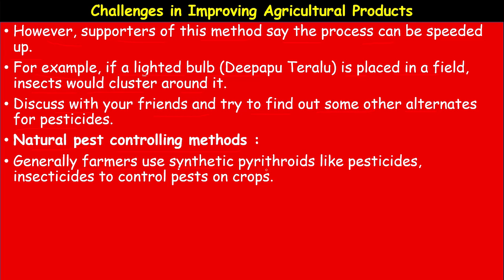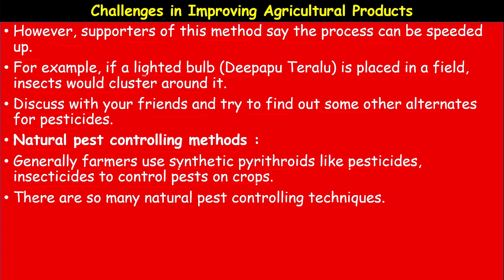Generally, farmers use synthetic pyrethroids like pesticides and insecticides to control the pests on crops. There are so many natural pest controlling techniques which are followed by our farmers. Traditional methods are there. Vyapakashayam is one of the natural pesticides. Neem oil cake.